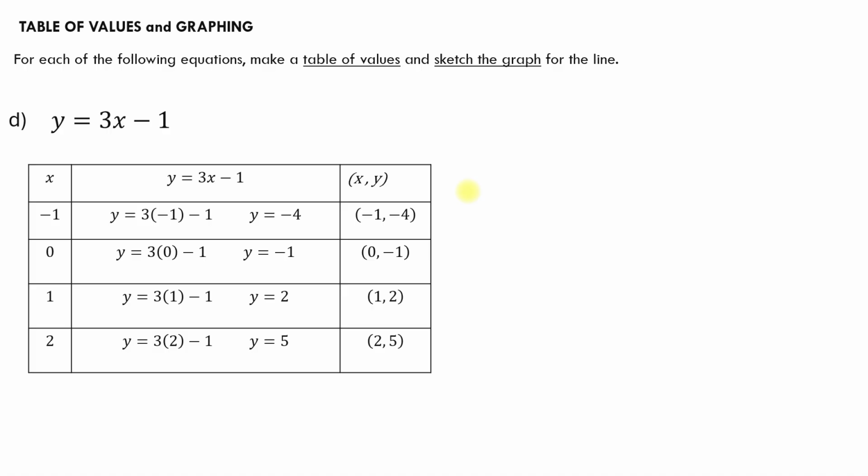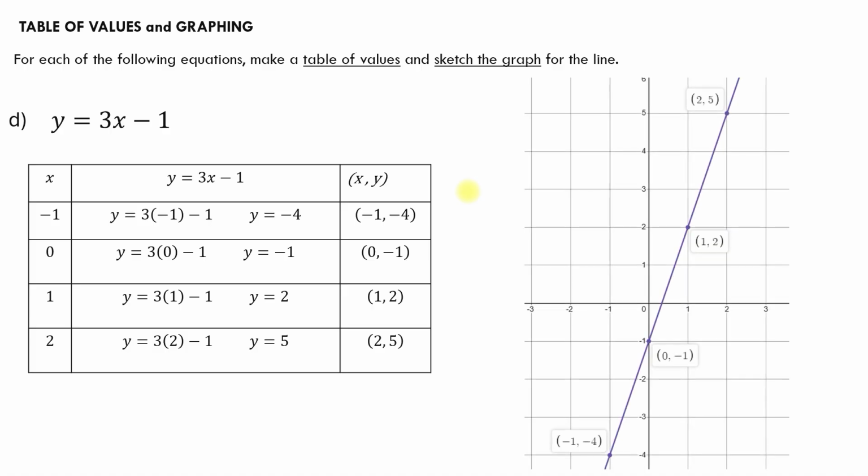Take those 4 points, plot them on the Cartesian graph, draw a line connecting the dots or the points, label them, and there's what our sketch should look like.